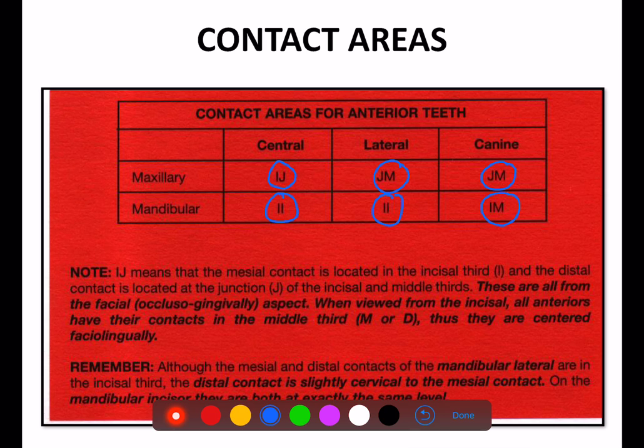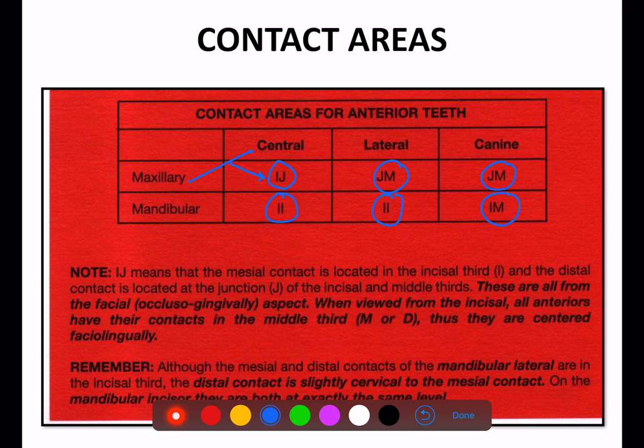For example, the maxillary central has its mesial contact area incisally, whereas the distal contact area is represented with J. That means it is located at the junction of the incisal and middle thirds. So I represents the mesial contact, that is the incisal third, and J represents the distal contact, that is the junction of incisal and middle thirds. The same way with all the teeth.